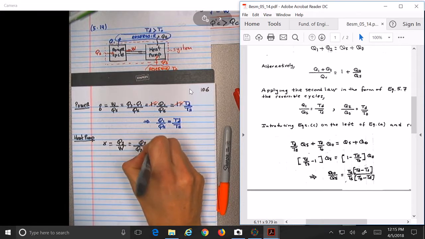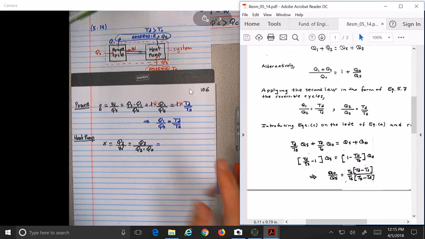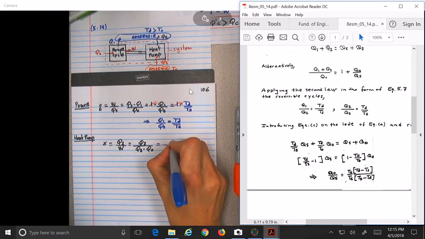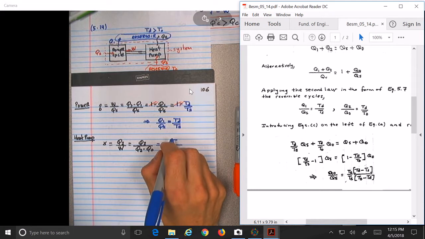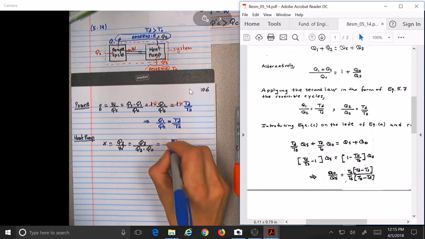So that's not the way they are doing it. And because this is reversible, what do we know? This should be proportional to what? So Q2 comes from TD, no?